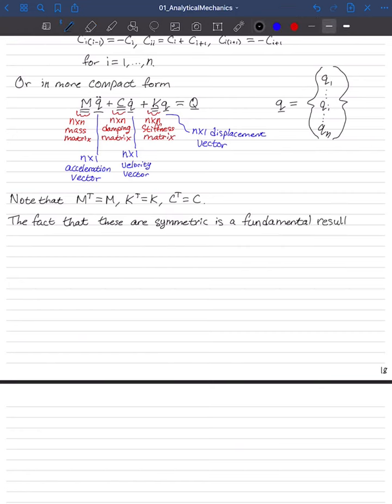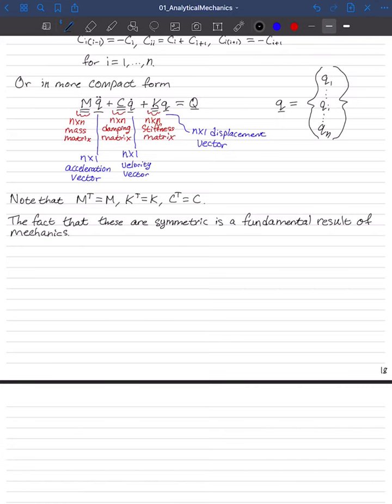And in fact, it comes from the Betty-Maxwell theorem of reciprocity, which we may discuss. I'll probably send out a handout on that instead, rather than go through it. Yeah, I'll send a handout on the Betty-Maxwell theorem.